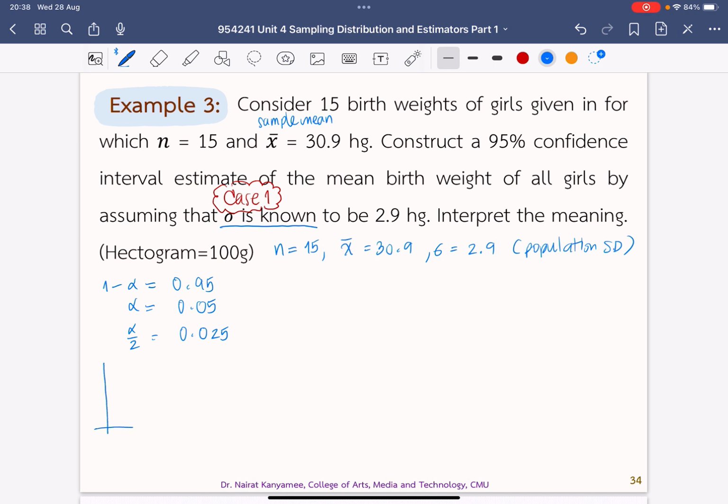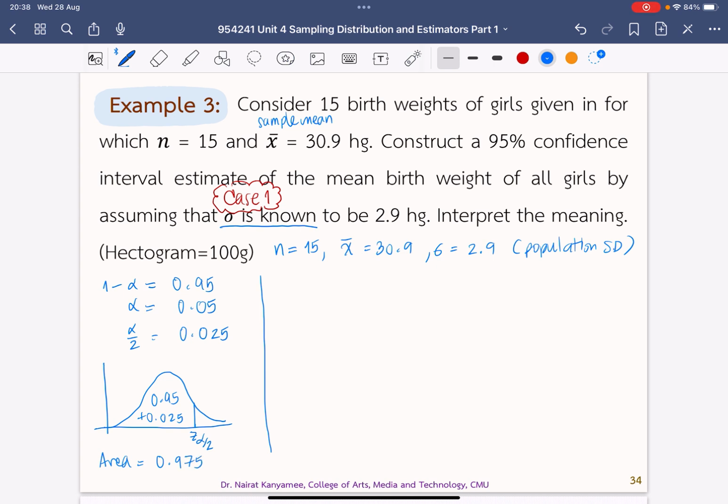So we look for the z value so that the area here, z alpha over 2, is 0.95 plus another 0.025. So the area is going to be 0.975.